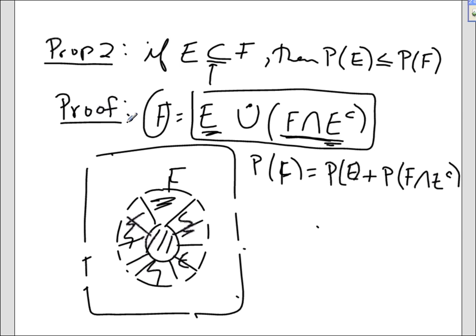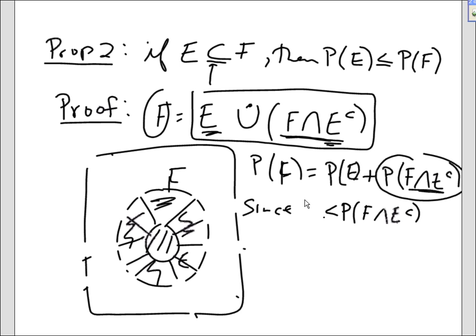Now, this is some event, and we're taking the probability of it. So it must be using one of our axioms. Since the probability of F intersect E complement is bigger than 0, fine, and is also less than or equal to 1.